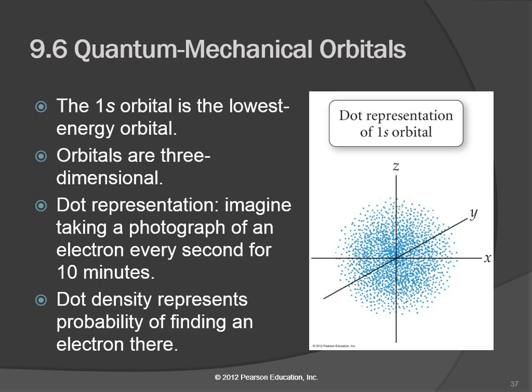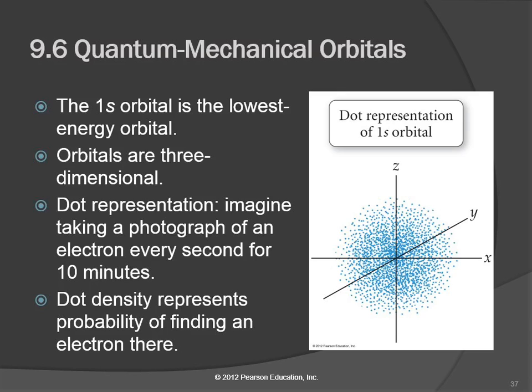So let's look at the smallest, lowest energy orbital. This is a dot representation. So this would be like that diagram I made of Andrew in the house, or the one with the electron being pitched. Where's the electron at this time? Well, there it is. And where's the electron now? It's over here.